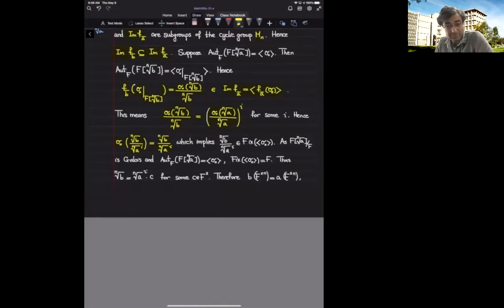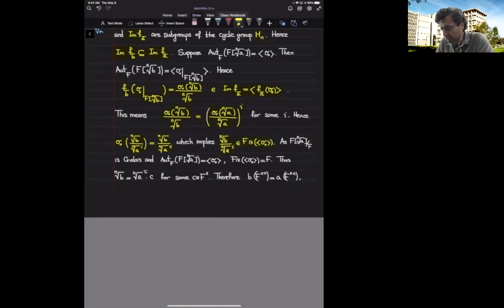But the group generated by sigma naught is the entire group of F-automorphisms of E, and E over F is a Galois extension. And therefore, the fixed field of the group generated by sigma naught is the base field, capital F, which means that this fraction is an element inside capital F.